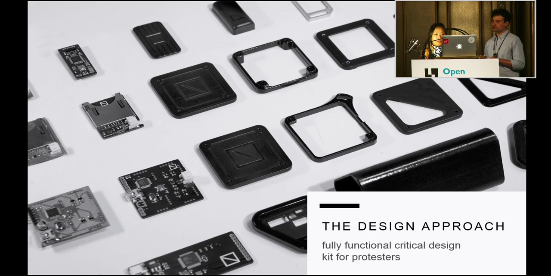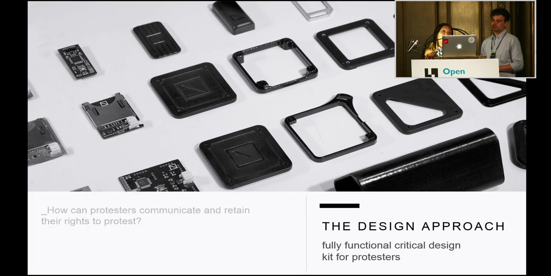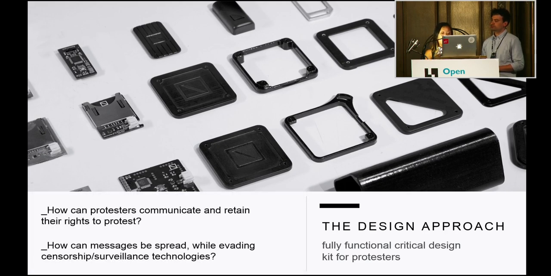And the devices, from the electronics to the enclosures, everything in the kit were devised with two questions in mind. First, how can protesters communicate safely and retain their rights to protest? And second, how can protesters and journalists spread their messages while evading censorship and surveillance technologies?